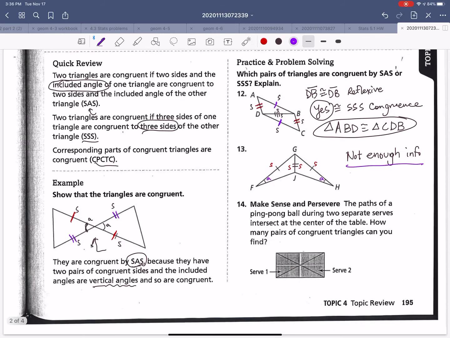Now looking at 14, it says the paths of a ping pong ball during two separate serves intersect at the center of the table. How many pairs of congruent triangles can you find? So here's a triangle, right? And it's congruent to this triangle, right? And aren't all these triangles exactly the same size?